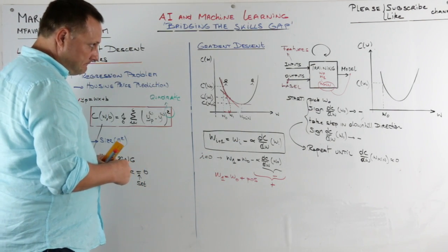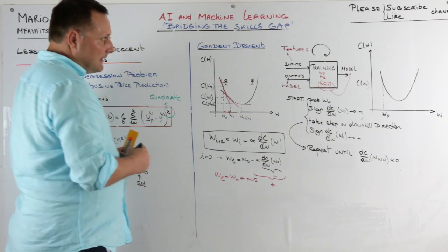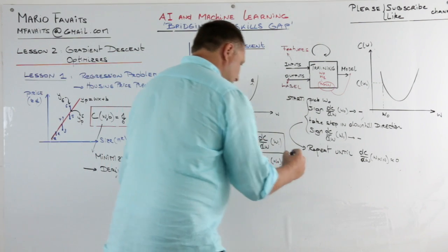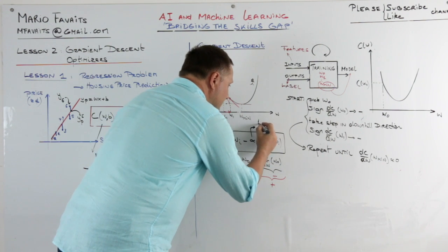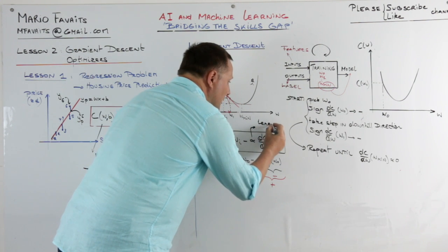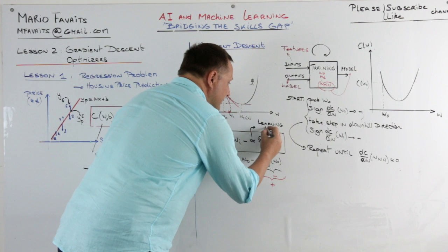Now, alpha here is called the learning rate.